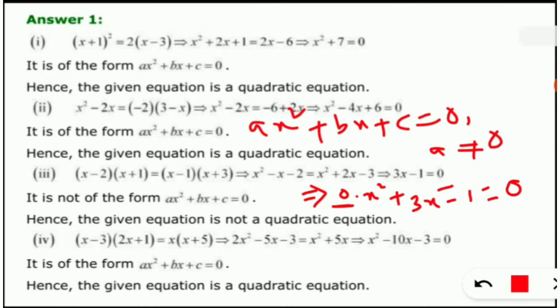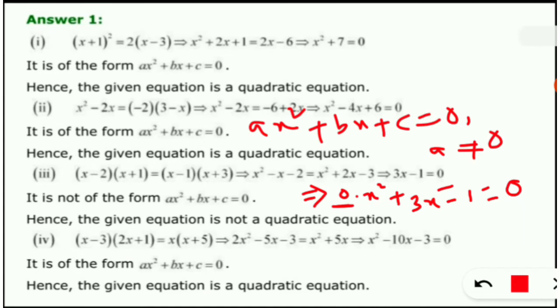But here x square term is missing. That's why the coefficient of x square is 0. That's why it is not a quadratic equation. Okay, so it is not of the form of ax square plus bx plus c equals to 0. Hence the given equation is not a quadratic equation.